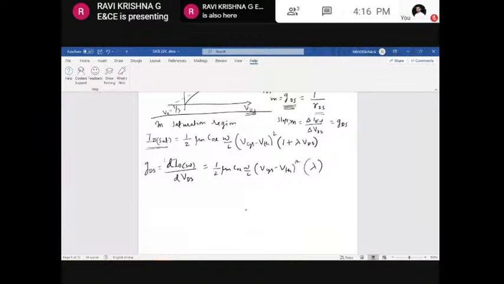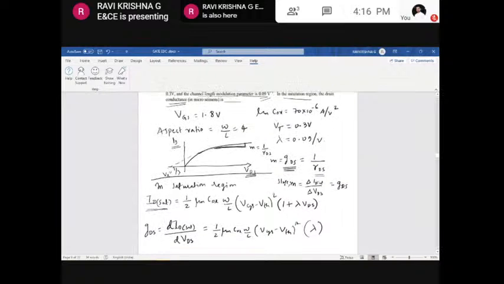So we know all the values here: 1 by 2, mu n C naught x is given, W by L is given, the gate to source potential is given, the threshold voltage is also given, and the lambda value is also given.